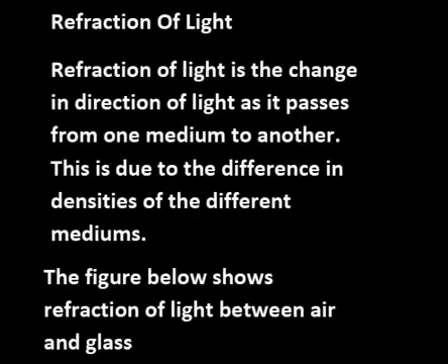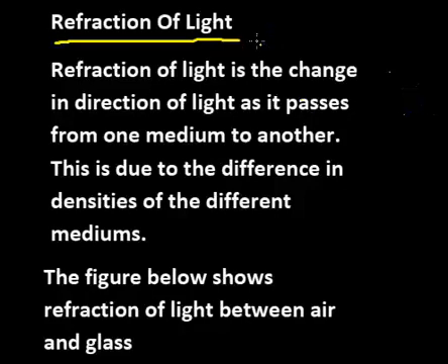Okay, so now in this topic, we're going to be discussing the refraction of light. Remember, we've actually discussed the reflection of light. We said that the reflection of light occurs once light encounters a boundary or a surface, then it is thrown back into the medium.